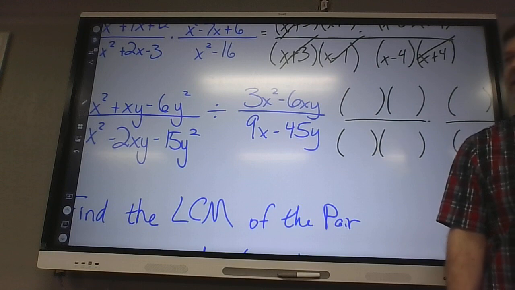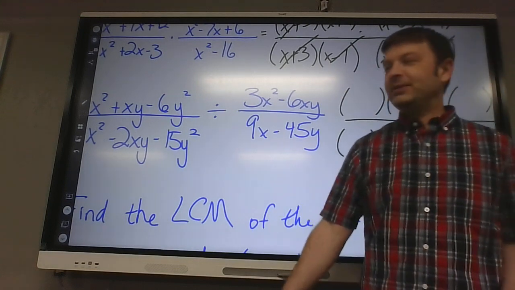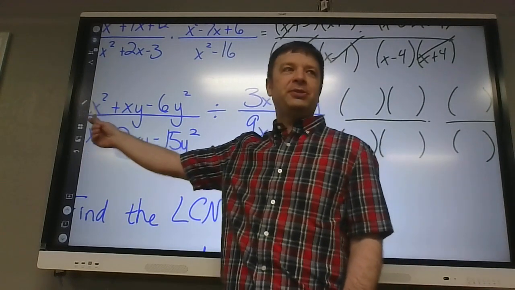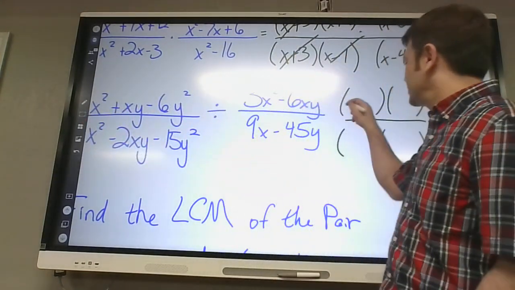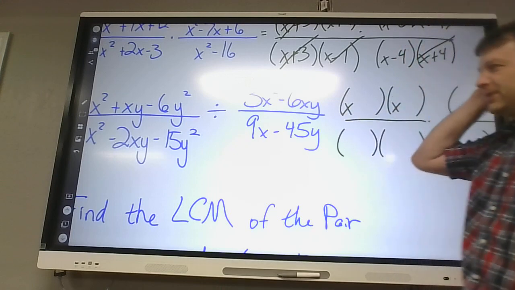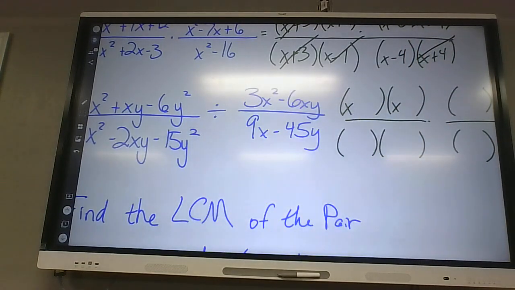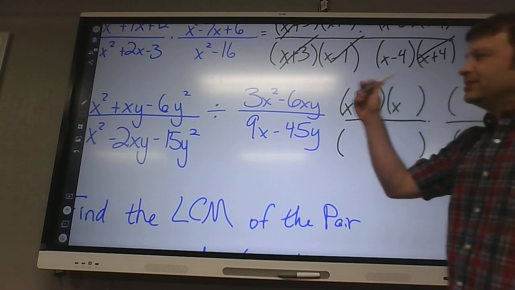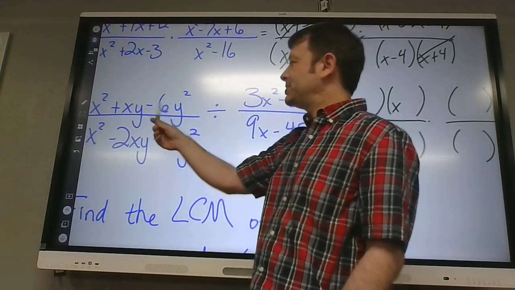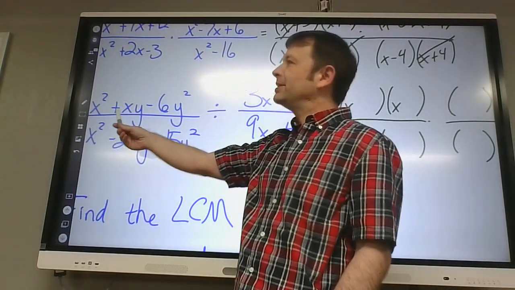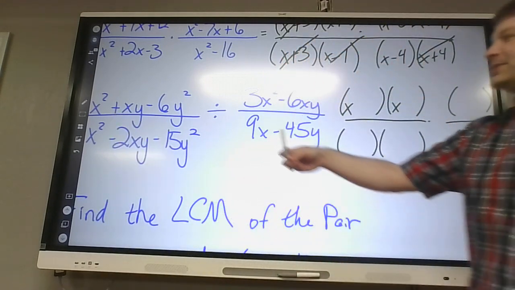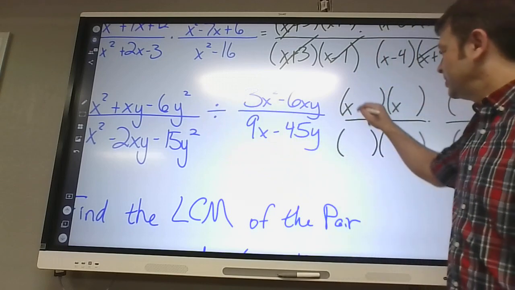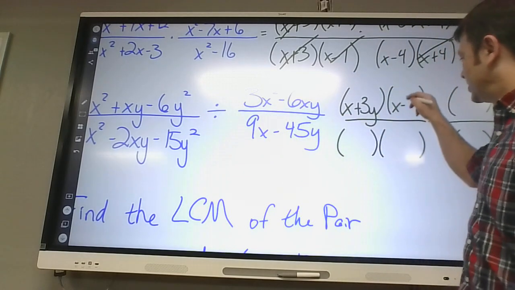Okay, what goes into x squared? X and x. What goes into negative 6 y squared? What goes into negative 6 that adds up to 1? 3 and negative 2. But since it's 6y squared, we have to put 3y and negative 2y.